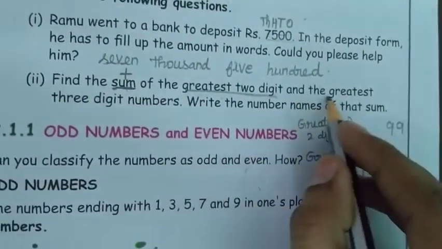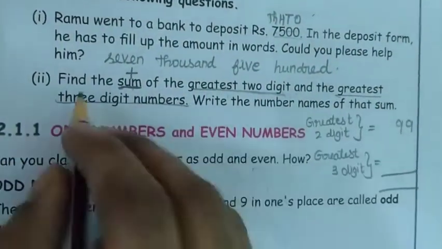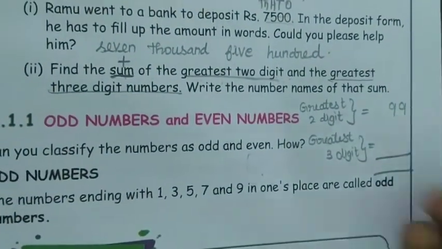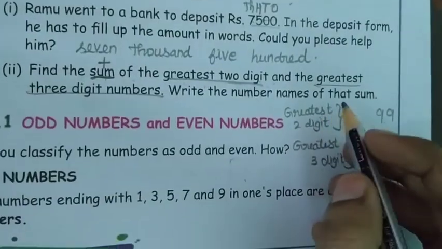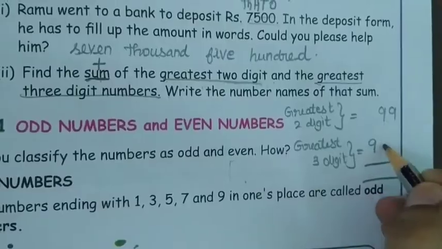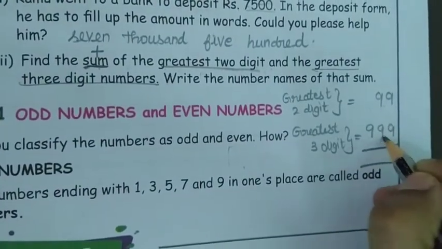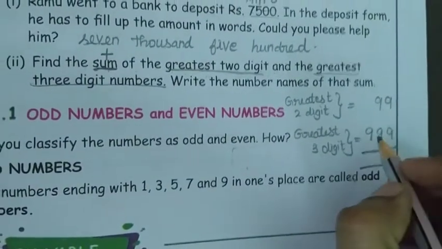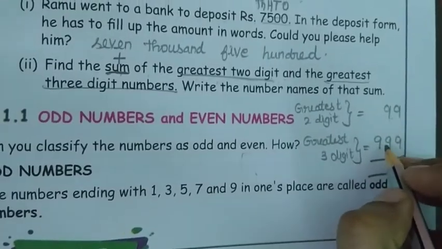Now, the greatest 3-digit number. What is the greatest 3-digit number? Very good, 999. We put 9 three times.